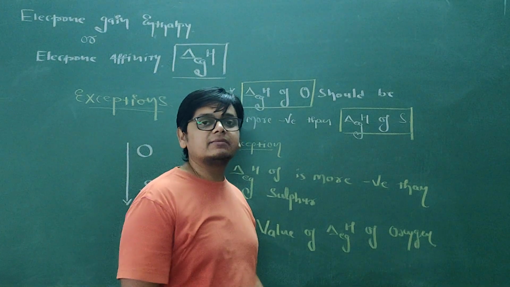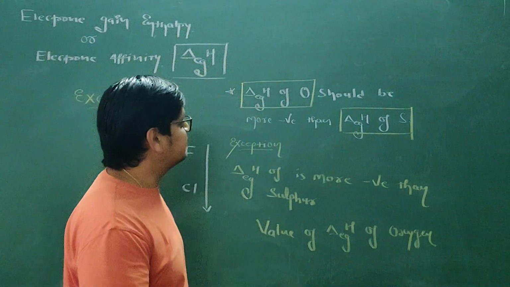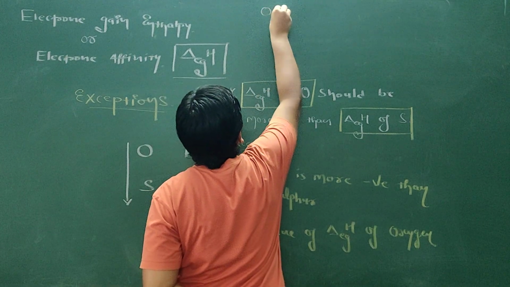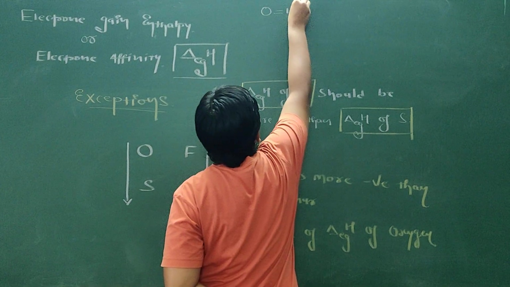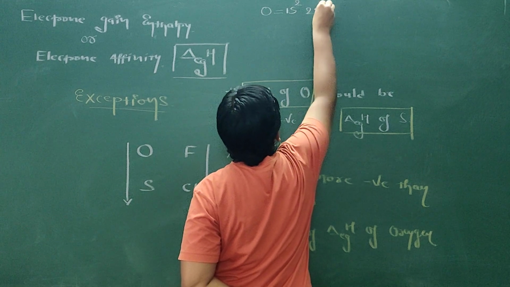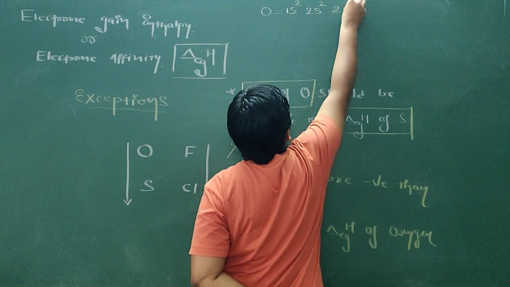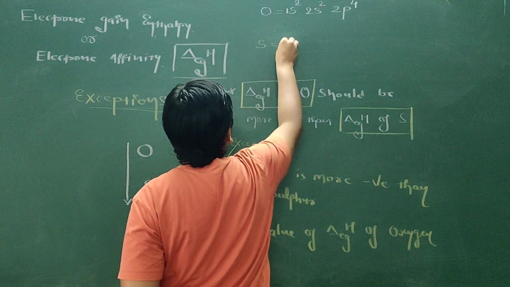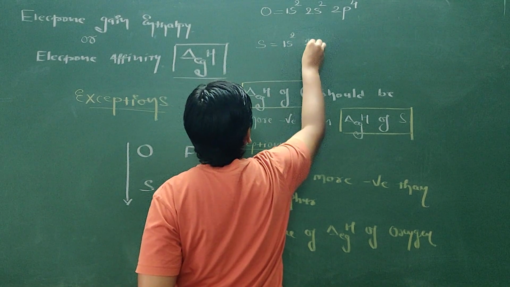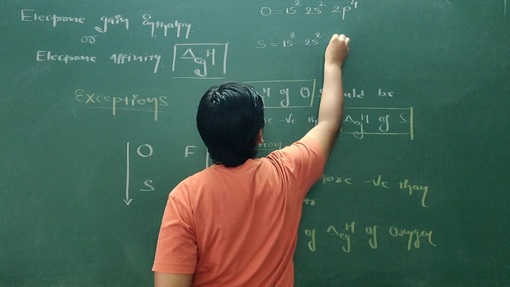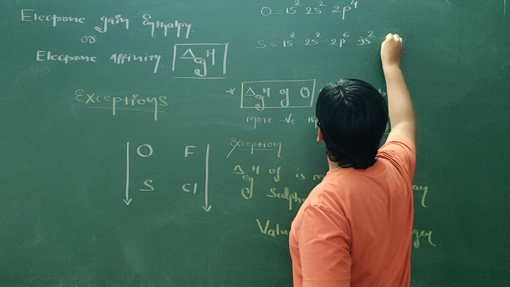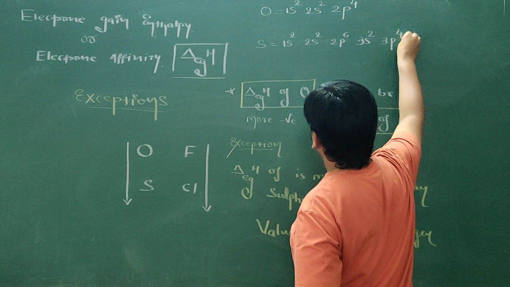And what is the reason behind the exception? Let us discuss the reason. As you all know, the electronic configuration of oxygen is 1s2, 2s2, 2p4, while for sulfur it is 1s2, 2s2, 2p6, 3s2, 3p4.